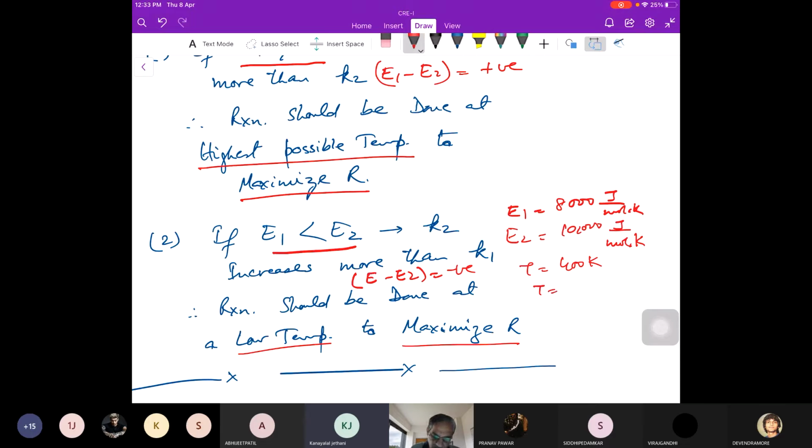And if I take temperature equal to say 350 Kelvin, यहाँ पर कितना था और यहाँ पर कितना है? सर 350 के लिए 1.988. और 400 के लिए 1.8246.